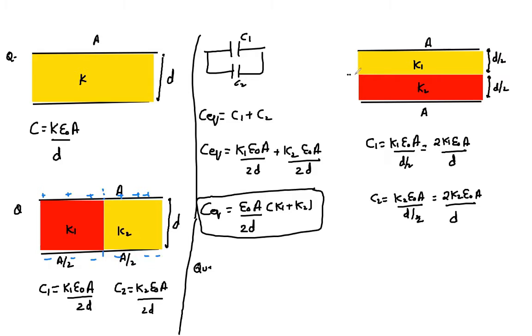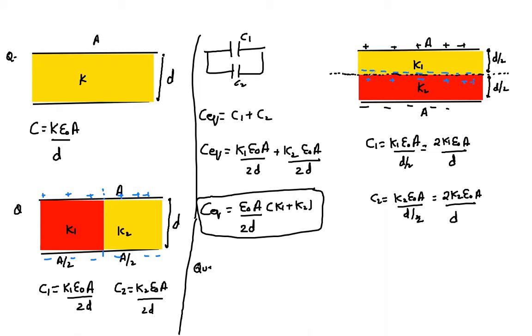And this boundary will itself act as a plate. This boundary is acting as a plate. So if I start providing charge, if I give positive charge to this plate and negative charge to this plate, due to this, negative charge will get induced at the boundary and a positive charge will induce on the opposite side.